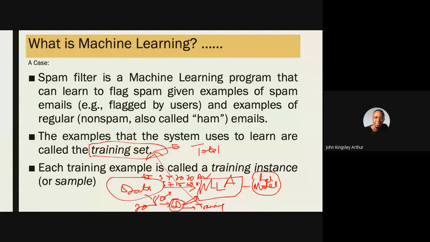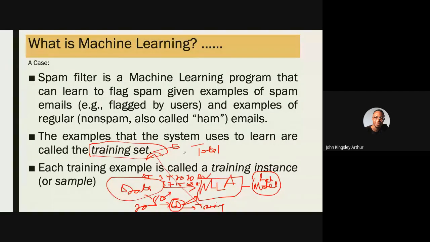The reason why I'm saying that sampling is not necessarily the training set is because apart from the training set, we also have what we call the validation set, and then we also have the testing set. And in all of these, we sample a part of the data.